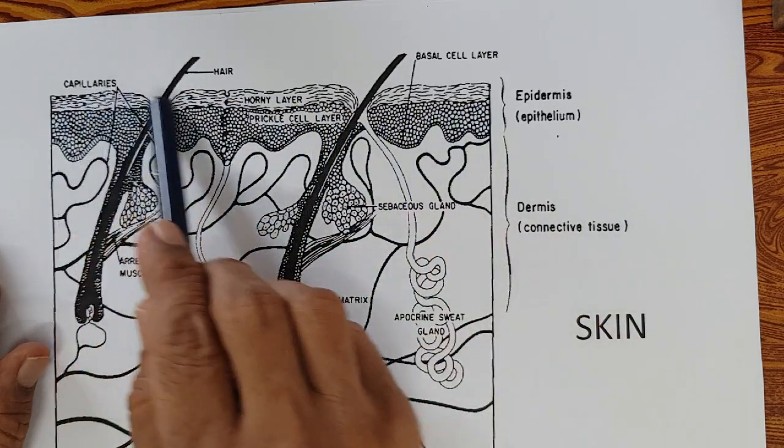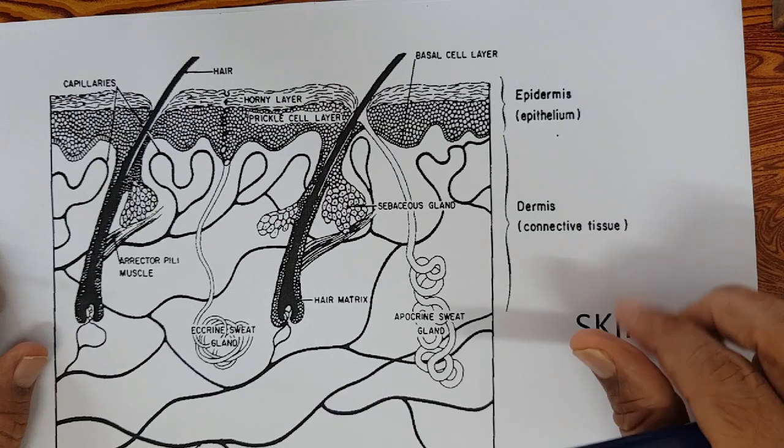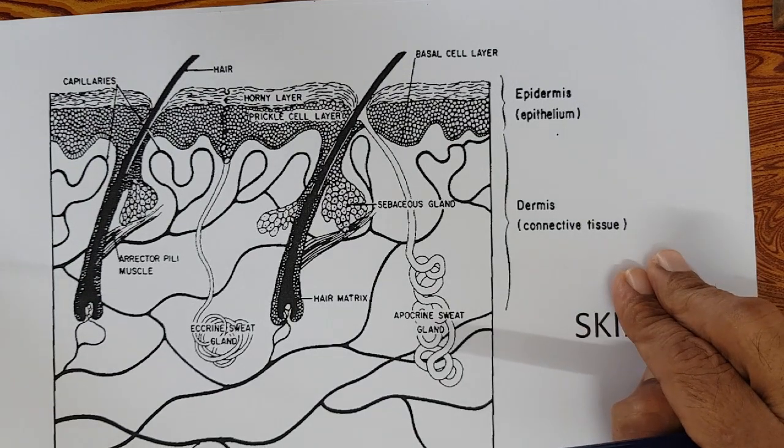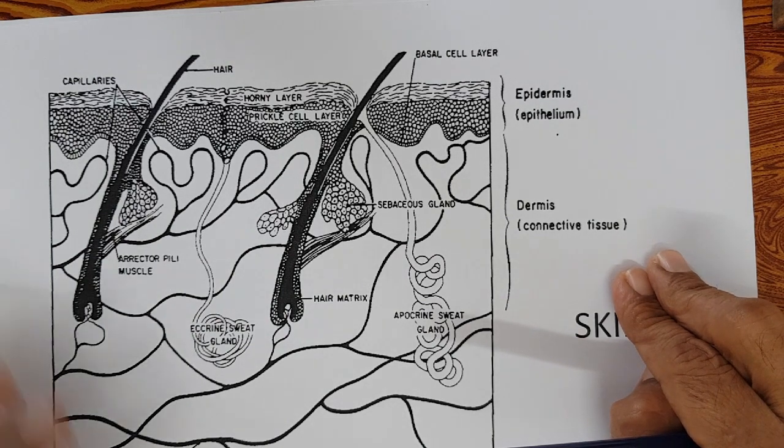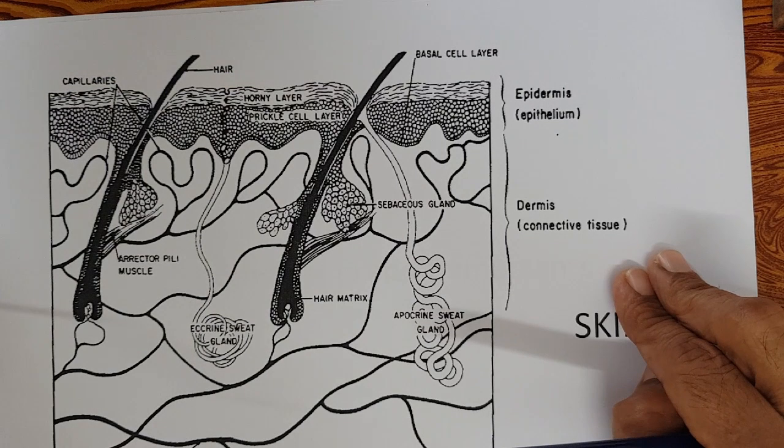So here all the emollients and humectants act. The emollients and humectants are basically for the stratum corneum or the horny layer.